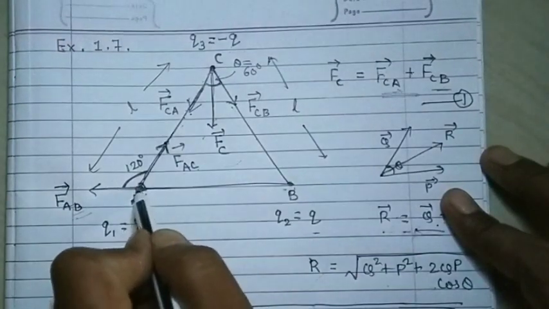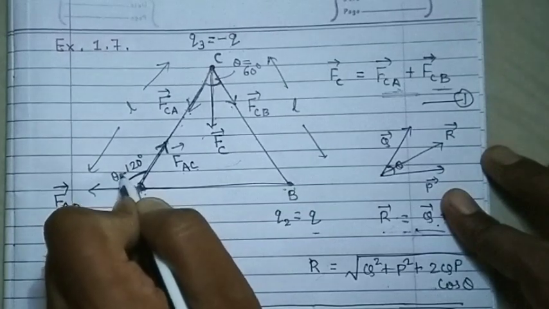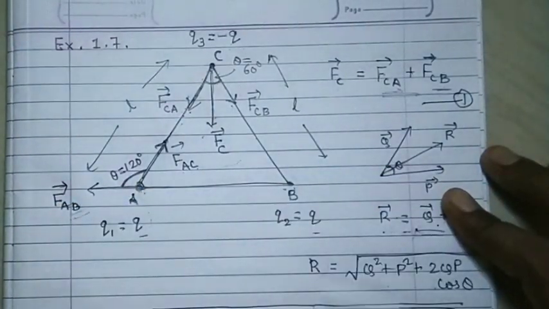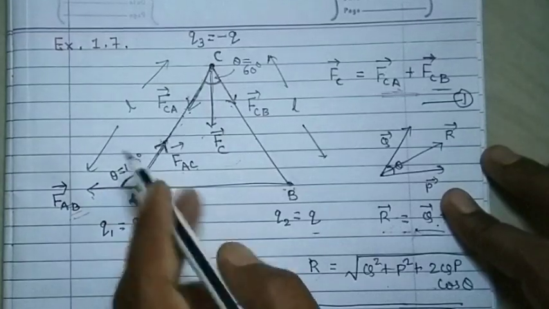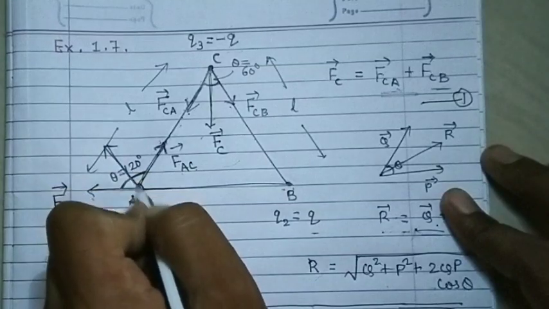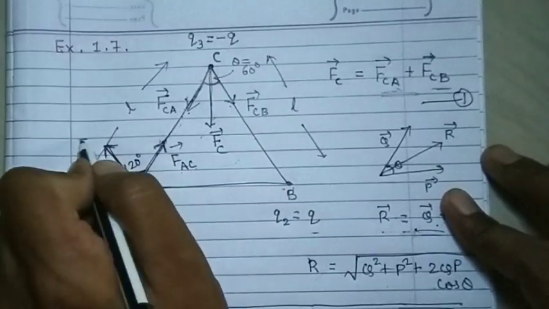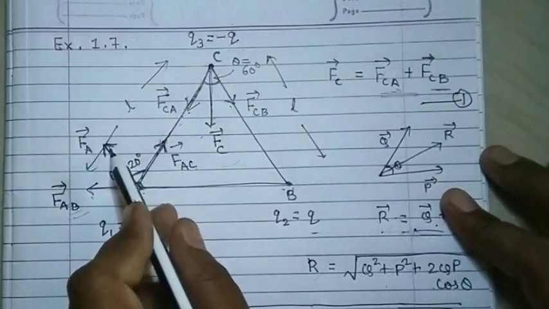So now we can say that here the angle is 120 degrees, and we want to find the resultant force of these two forces. It will be definitely along this direction. This is nothing but the resultant force on A. It will be in this direction.